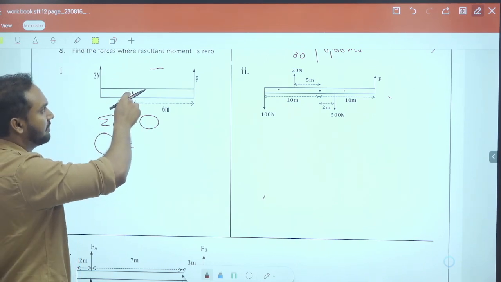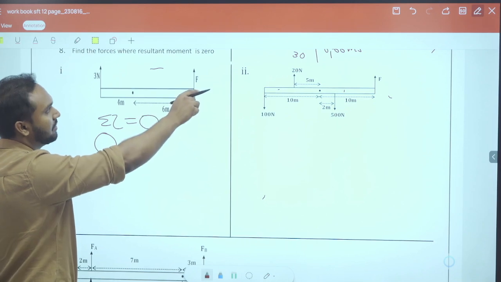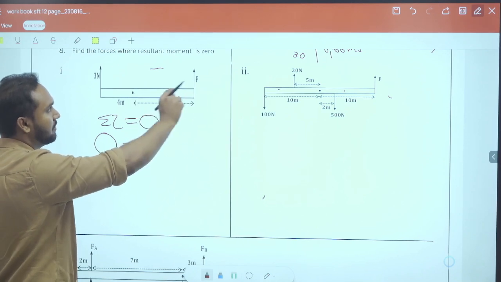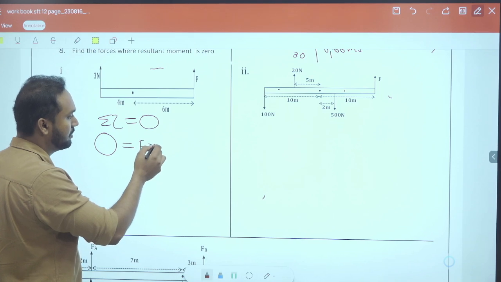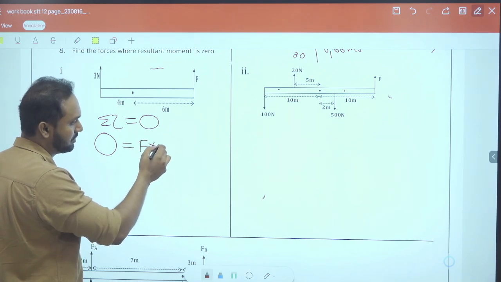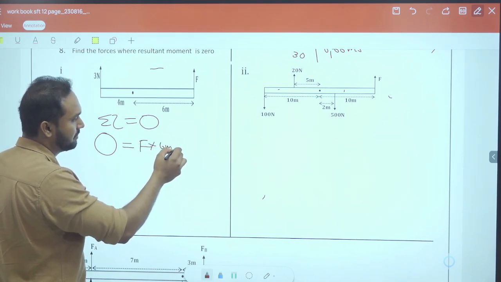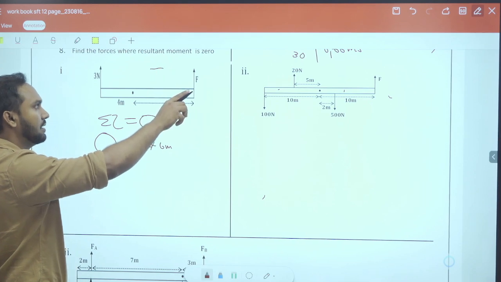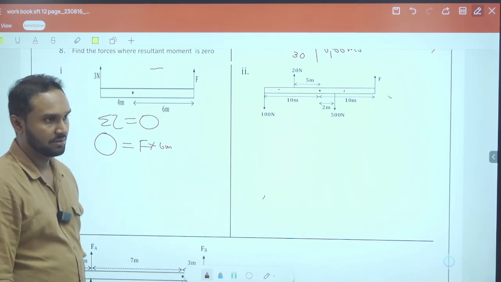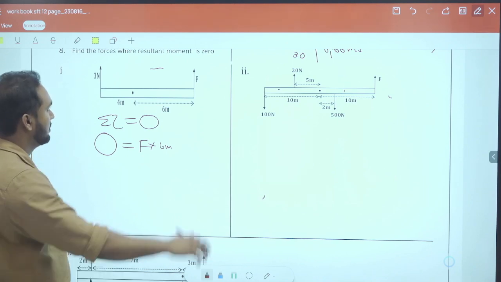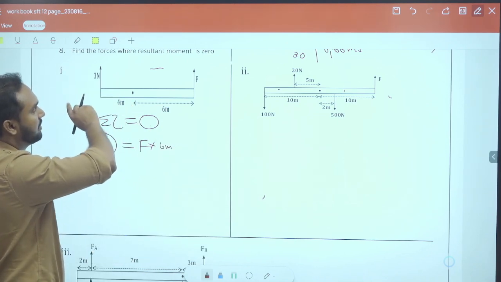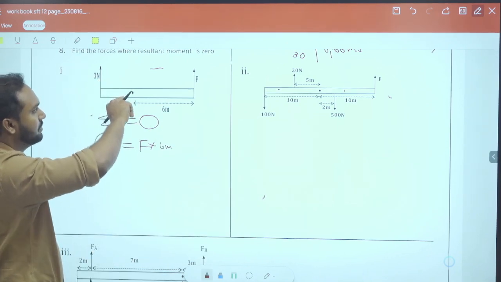So tell me the anti-clockwise rotation here now. F force in 6 meters. So F into 6 meters. And take all the clockwise rotations or right hand side rotations as minus values, right? So what are the right hand side rotations here now? 3 newtons into 4 meters.